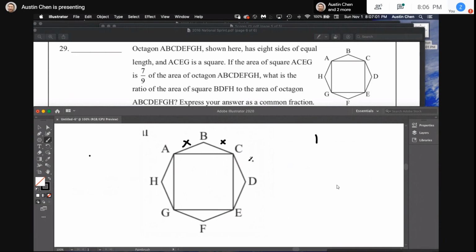All of these sides are x, right? Okay. Why don't we just label this as y for now?